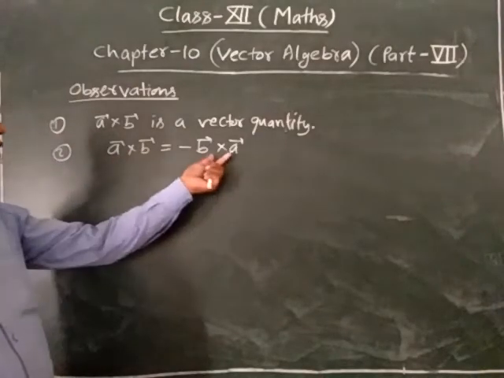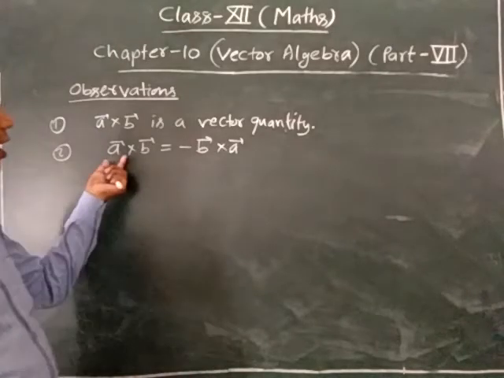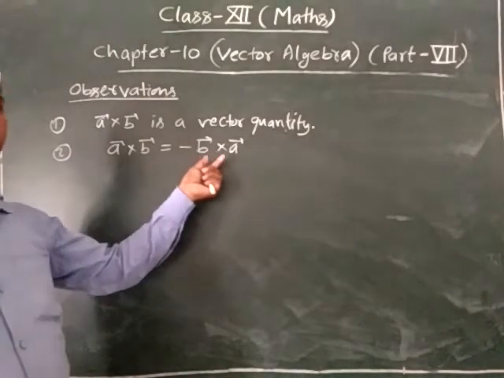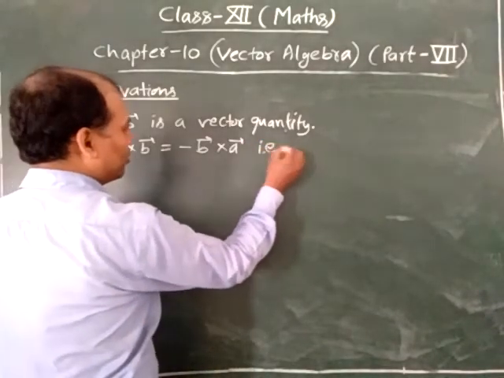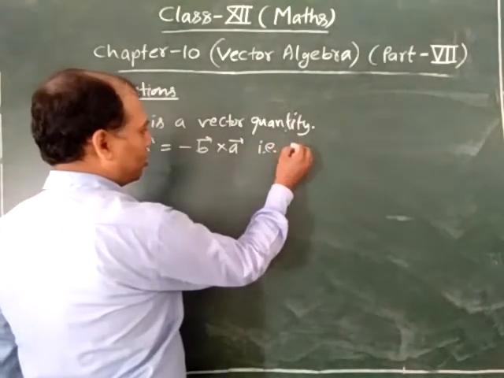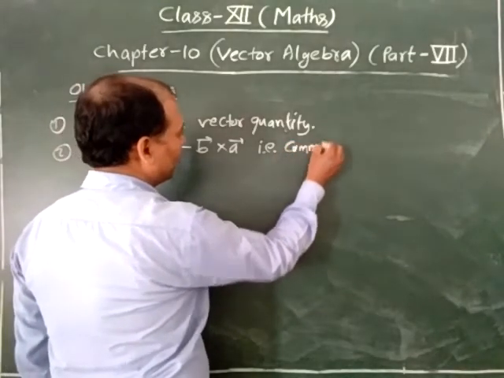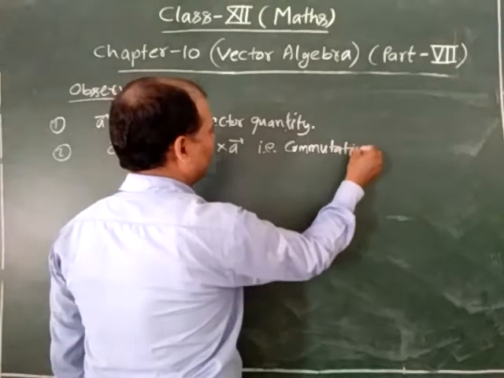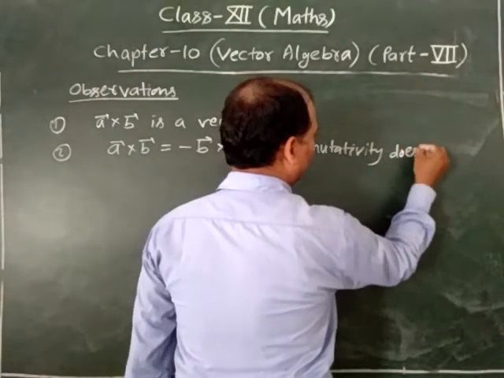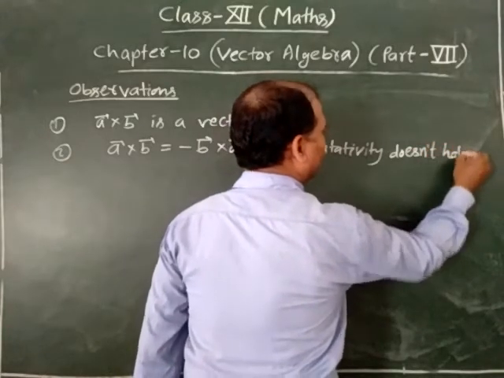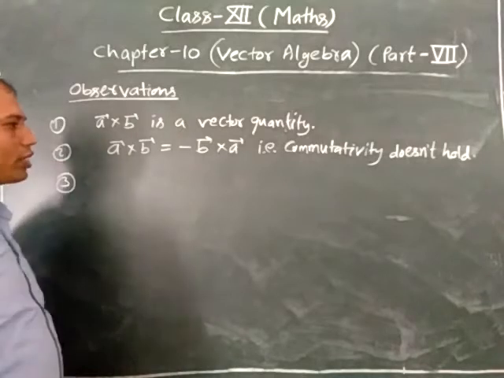Means the direction of B cross A is opposite to the direction of A cross B. That means commutativity doesn't hold.